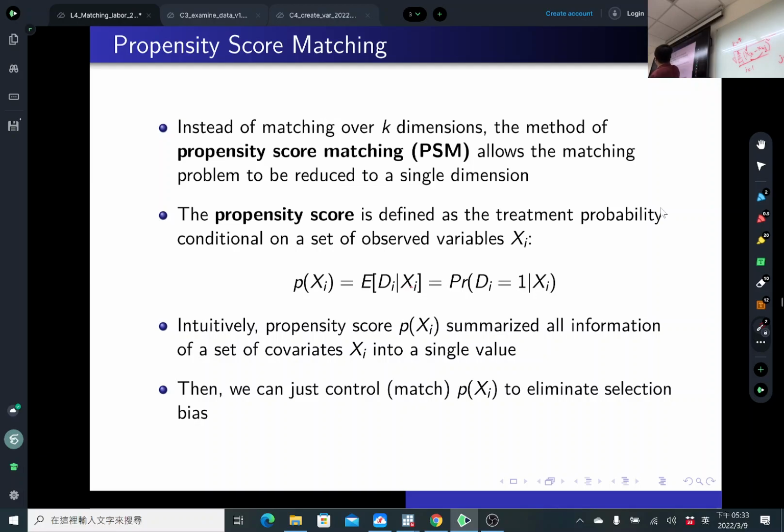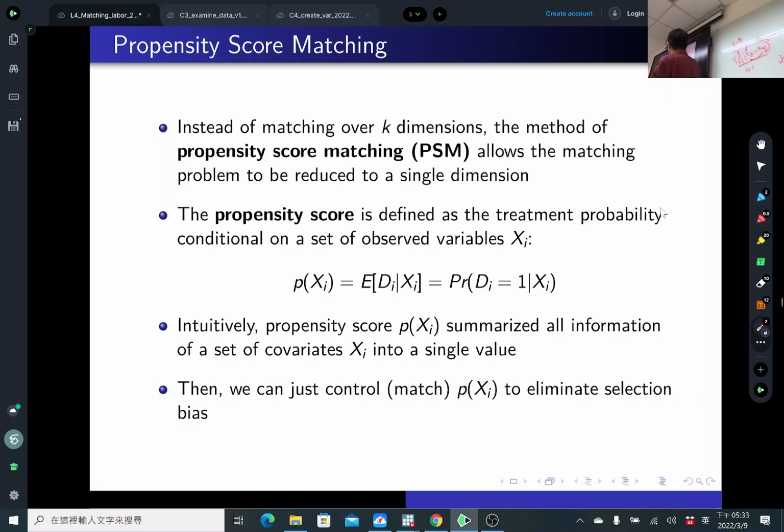Later we will have a theorem to show that matching on the propensity score is the same as matching on the k variables. So you reduce the matching problem from a very high dimensional, impossible matching to just a single dimension.